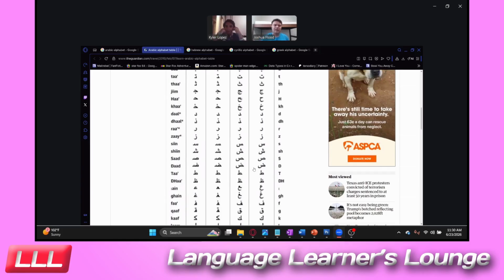If I recall correctly, paying attention to the dots is very important, not just for the consonants but also for the vowels, because they mainly have diacritics.